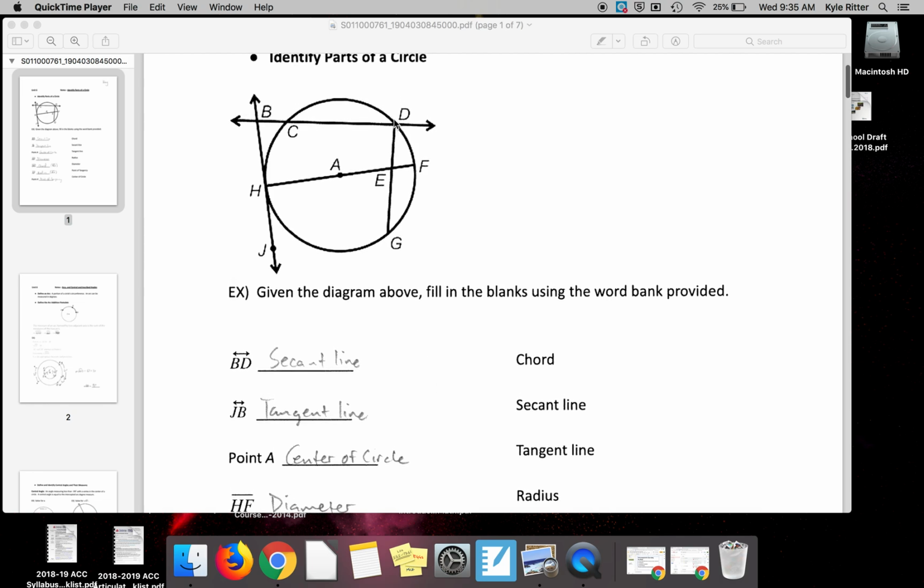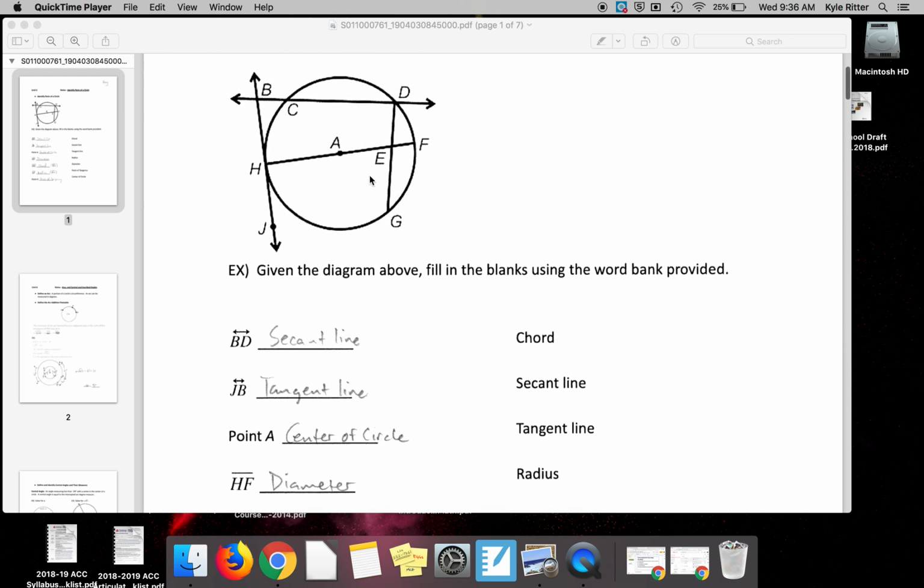And this segment right here, segment DG or GD, is a segment in the circle that does not go through the center, but it still goes from one side of the circle to the other. That's called a chord. And actually the diameter is what's known as the longest chord, but we don't call it a chord because it has a special name. We call it the diameter. So if a chord goes through the center, it's called the diameter. If it's not going through the center, we just call it a chord.